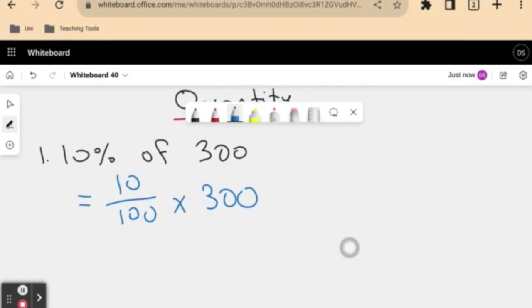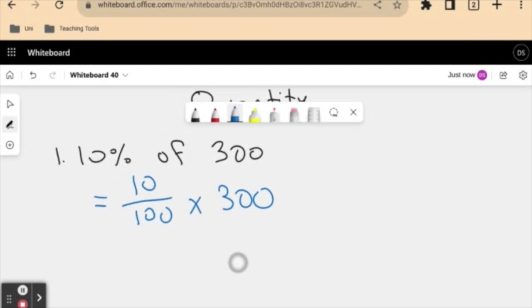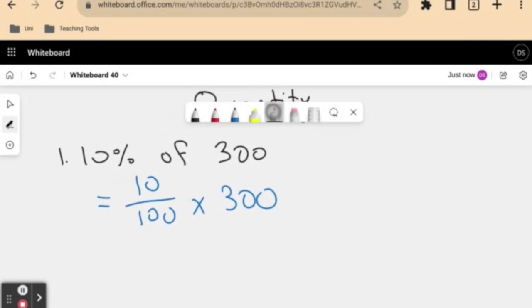Now, you may remember from my fractions of a quantity video that when we do this, we are multiplying the numerator by our 300, because this is the same as writing 300 over 1, because any number divided by 1 is just itself.